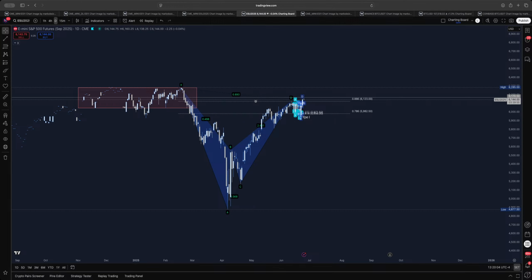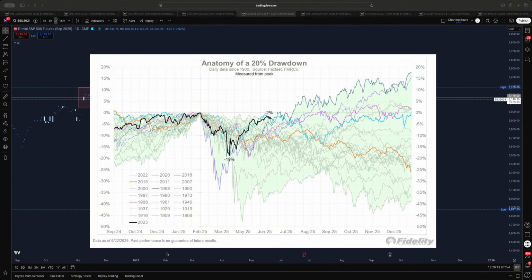Once again, if we bring the chart from the one that I presented before, from Juriam Timmer, looking here in the background, if we go into that anatomy of the 20%, because this is where we are now, where do we go from here?